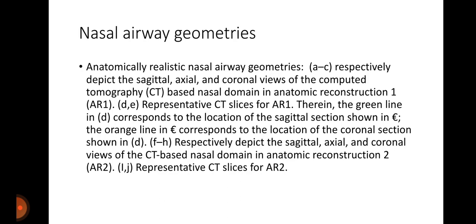Anatomically realistic nasal airway geometries respectively depict the sagittal, axial and coronal view of the computed tomography based nasal domain in anatomic reconstruction. One representative CT slice for AR1, wherein the green line corresponds to the location of the sagittal section shown, and the orange line corresponds to the location of the coronal section.